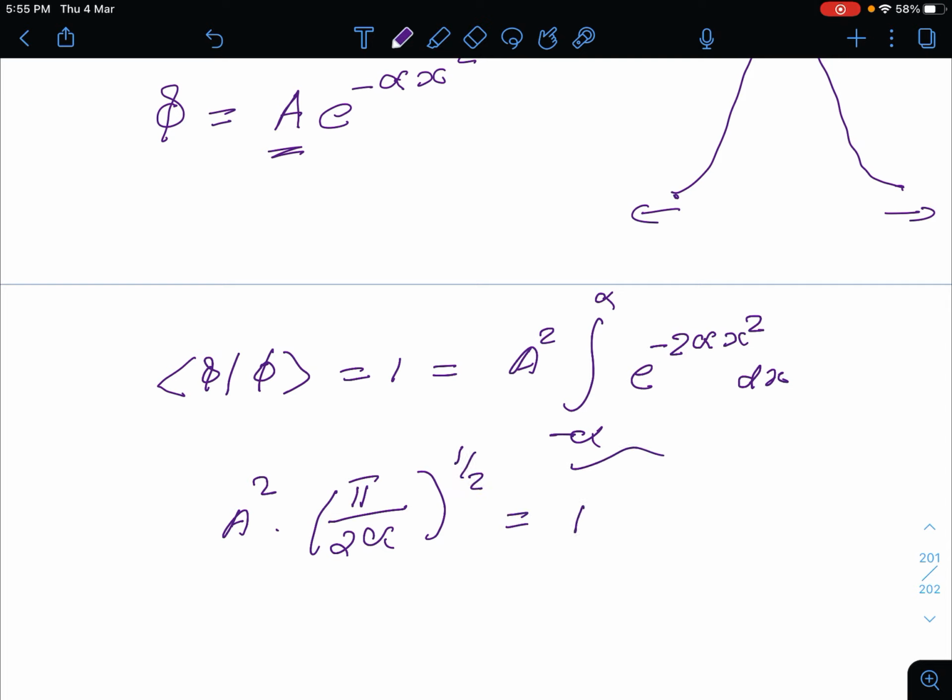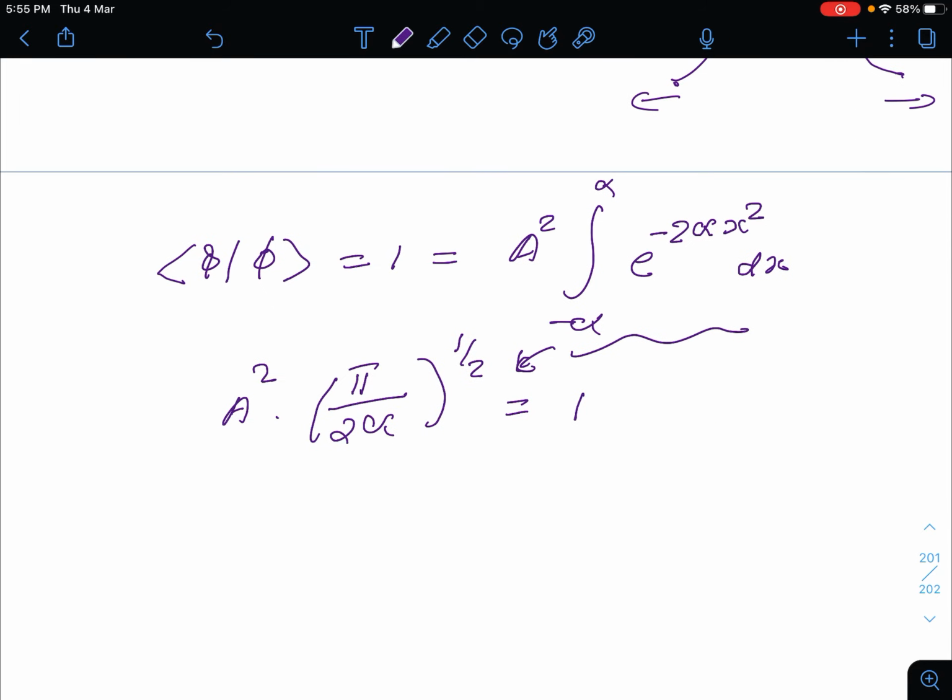So this simply is A square times root of pi by 2 alpha. So what is A? A is simply 2 alpha by pi, all raised to 1 by 4. Clear? So that is A.